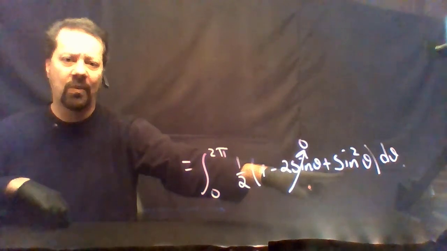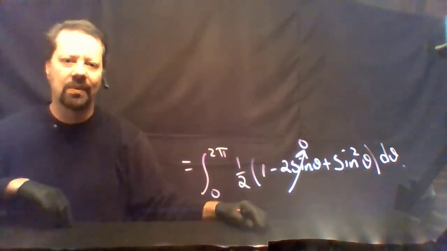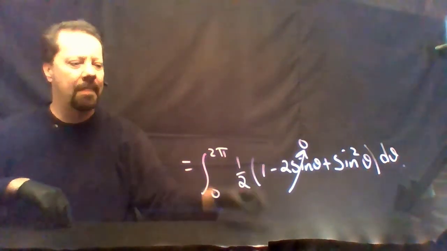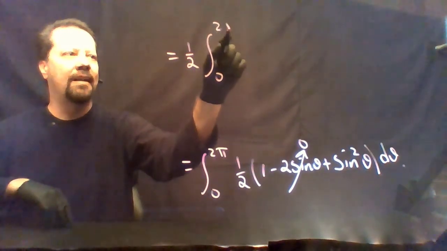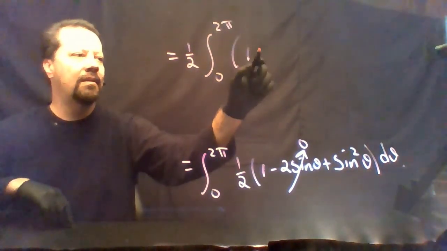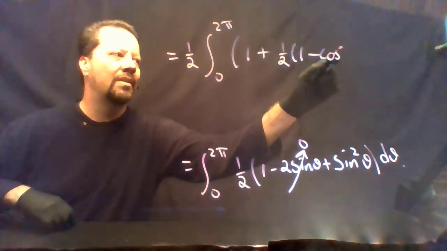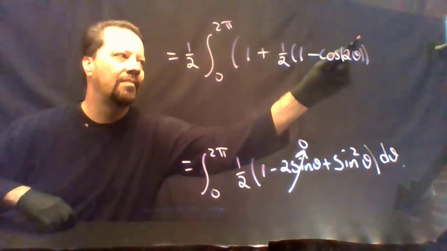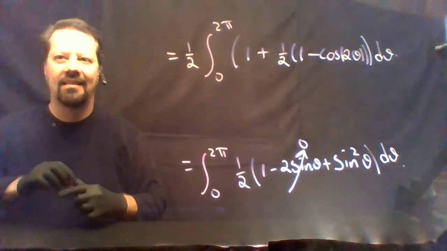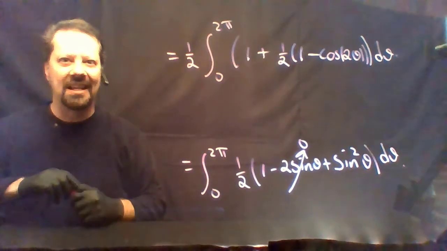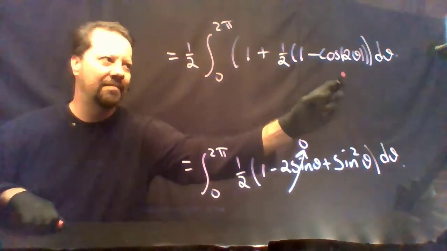The next step requires that we use a half-angle identity. You integrate sine squared or cosine squared using half-angle identities. So this will be 1/2 the integral from 0 to 2 pi of 1 plus 1/2 times 1 minus cosine of 2 theta d theta. You need to remember that half-angle identity. What is the period of this function?